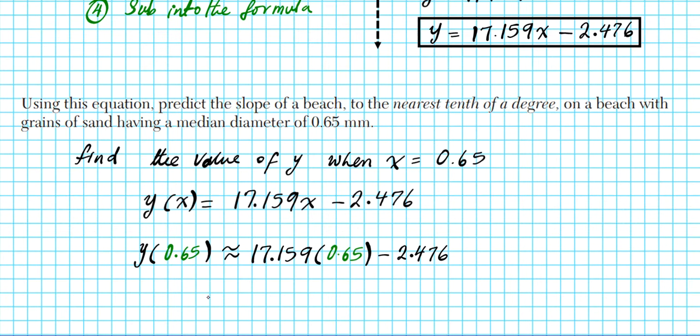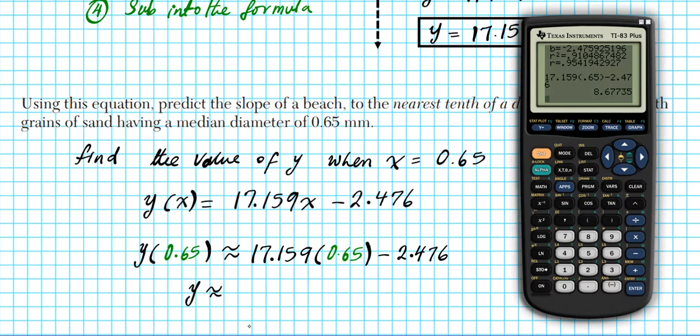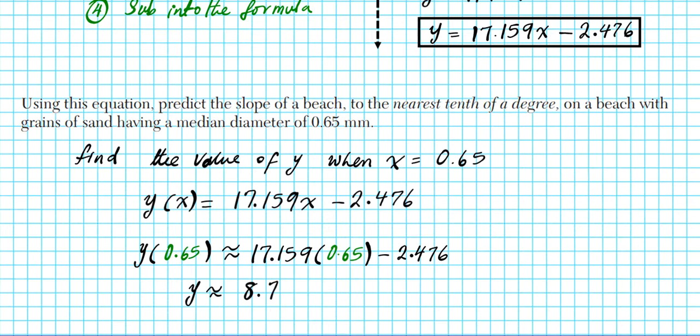So y is going to approximately be, rounding to one decimal place, 8.6. The number after 6 is 5 or greater, so we have to round up, so it's going to be 8.7. Okay, so that's our final answer for problem number 33B. Let's go ahead and box that.